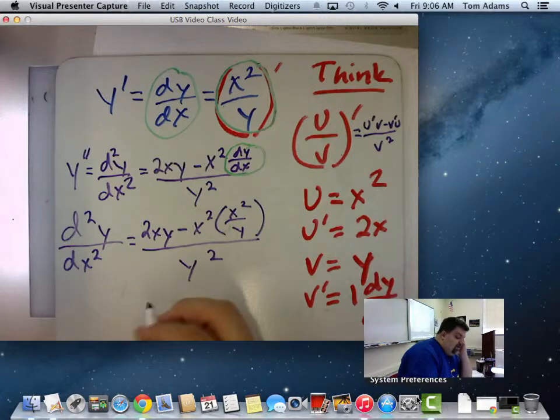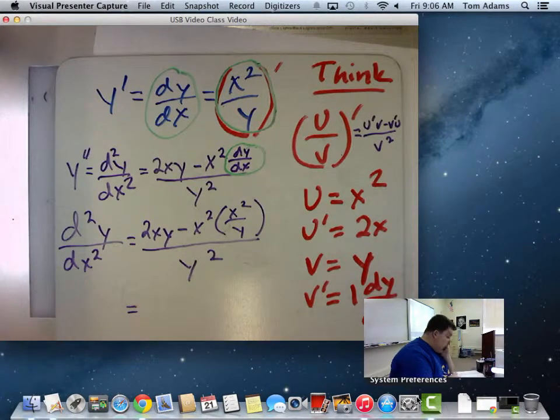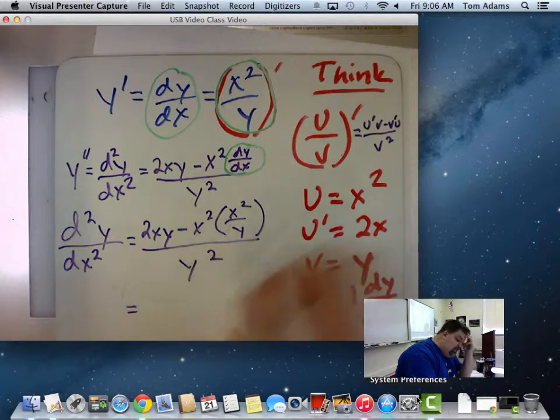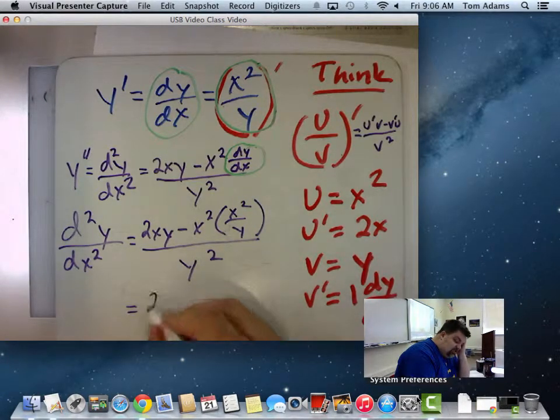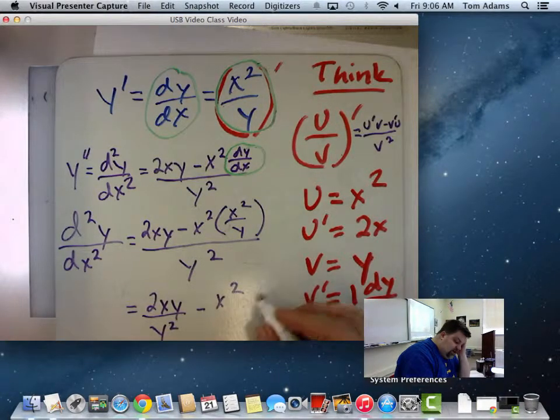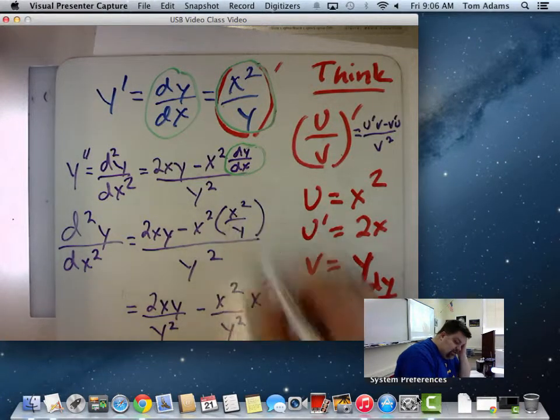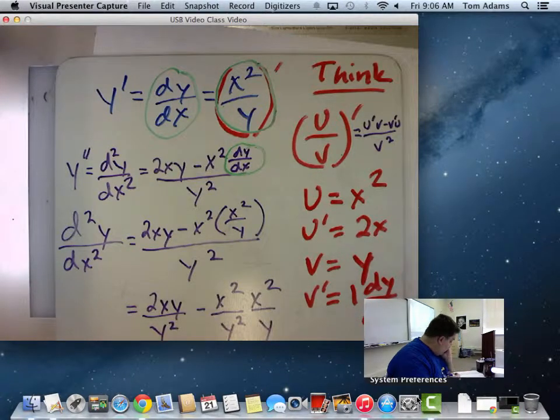And I suppose we could clean that up a little bit. There are a bunch of y's in there, so let's see what we could do to clean this up a little bit. I'm going to separate it and see if that makes it any better. So in other words, I'm going to say 2xy over y squared minus x squared times x squared all over y squared, and then this y comes down on the bottom.